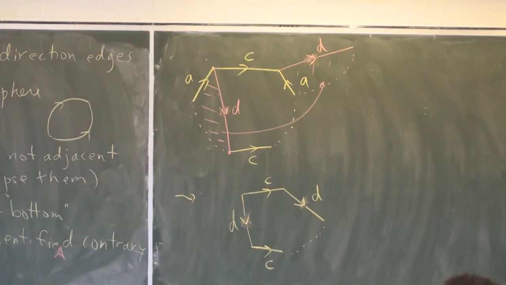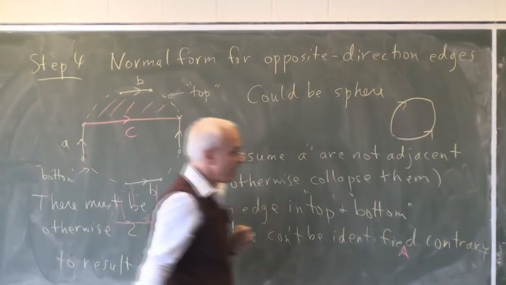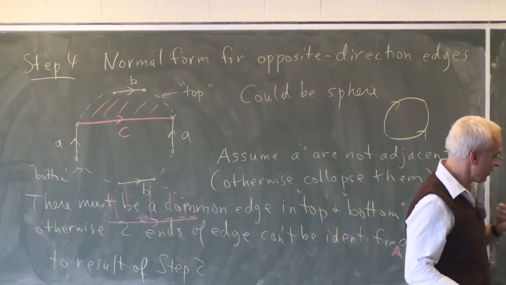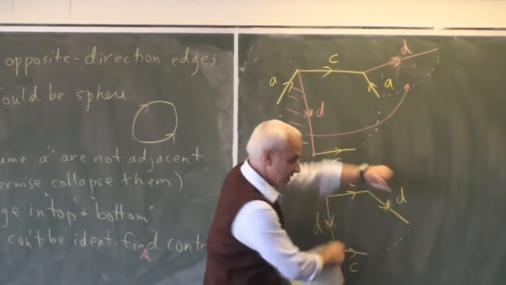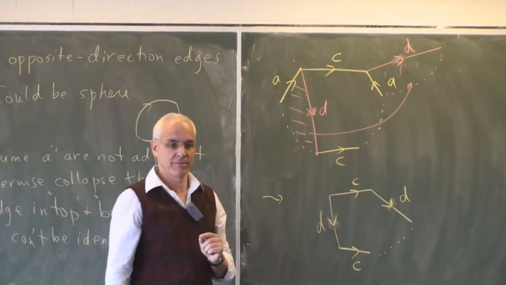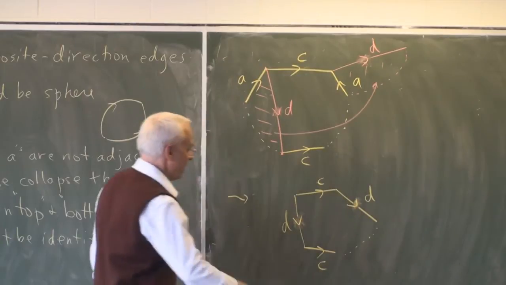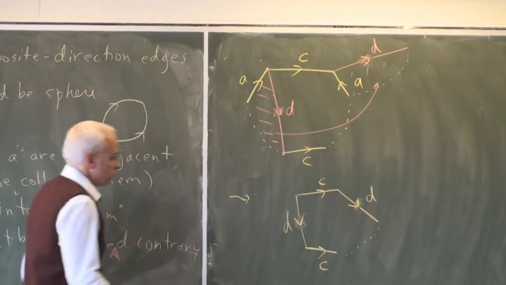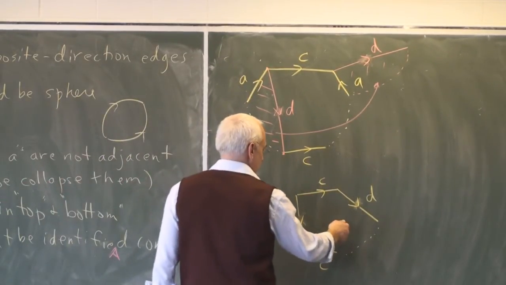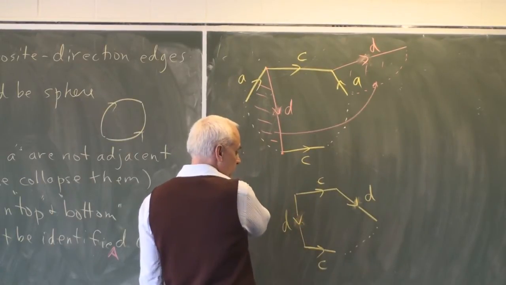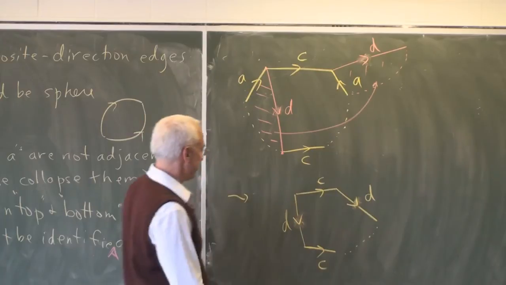I used to have two pairs of opposite direction edges, the A's and the B's, and they were separate. And now with these cuts and paste, I still have two pairs of opposite directed edges, the C's and the D's, but now they're together. And they're together in a very particular form. If we read this thing, which way shall we read it?